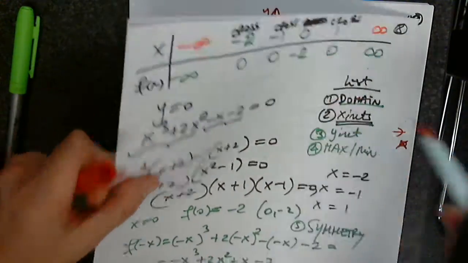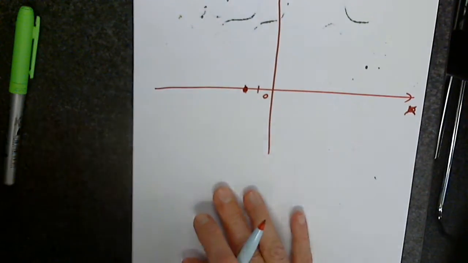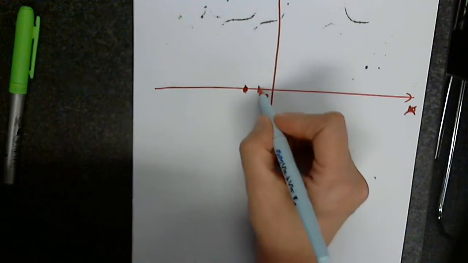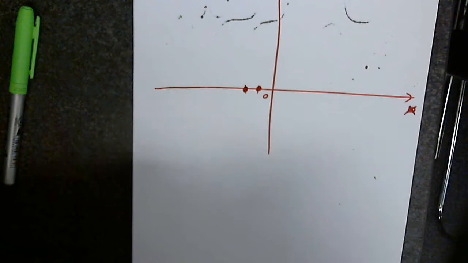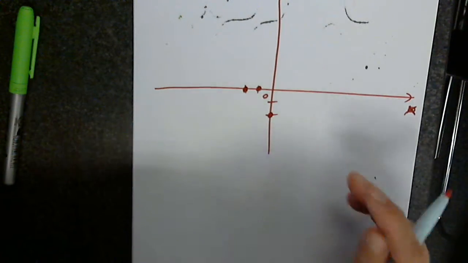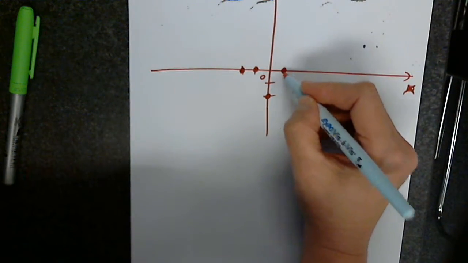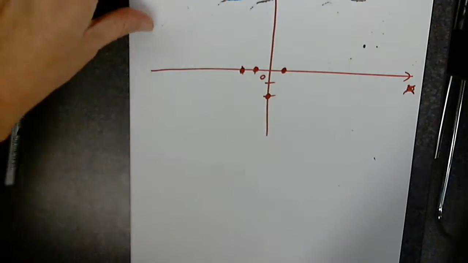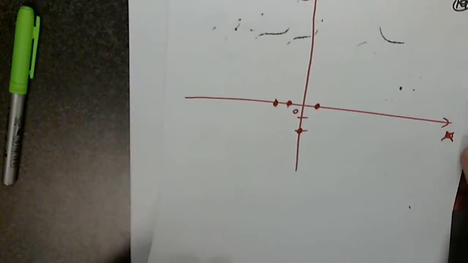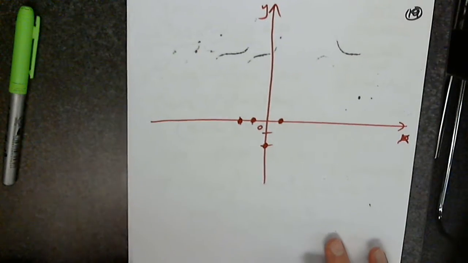Negative 2, 0 is the first point I plot. Negative 1, 0, second point I plot. 0, negative 2. 1, comma 0. I need the chart in front of me when I do this.